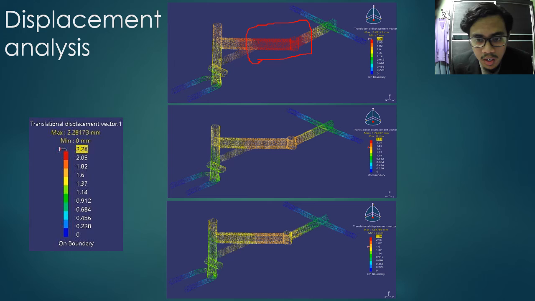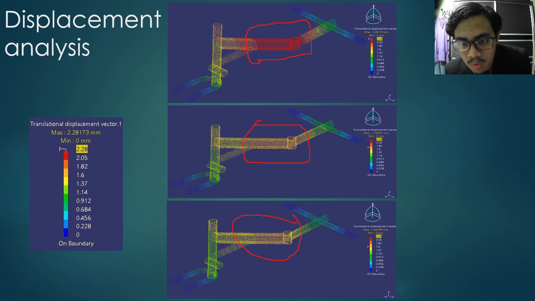It is also the same for the tubular one and the diamond one, but the diamond one has the lowest value, which is around 1.6 millimeter, and the tubular one has around 1.7 millimeter of displacement.